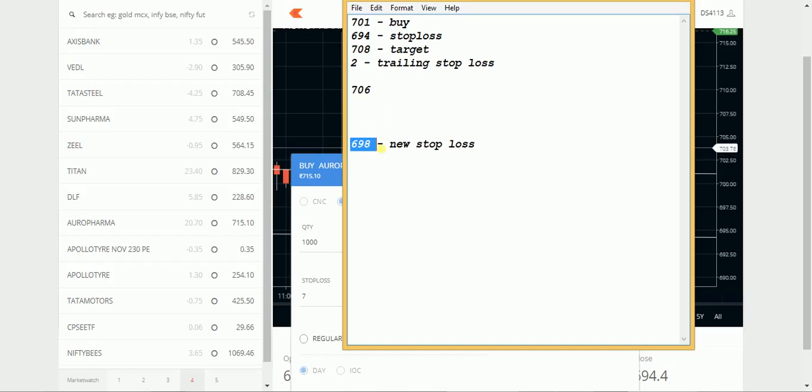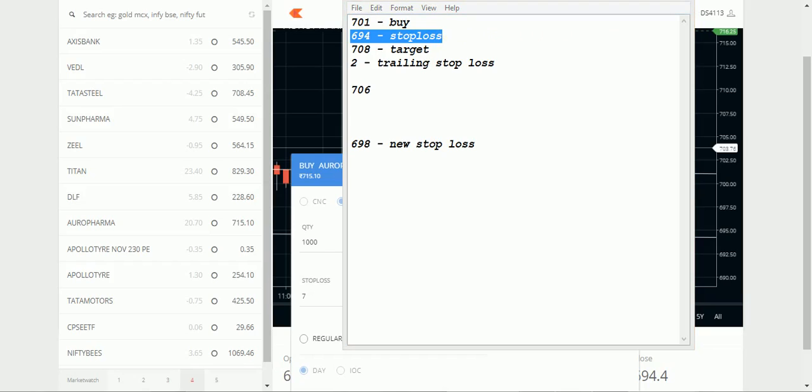So I'm going to exit at 698 and not at 694. 698 is just 3 points below my buy price, which is just a 3 rupees loss instead of a 7 rupees loss. So that is how the trailing stop loss works. If you do not understand, let me know. I'll give you another example.